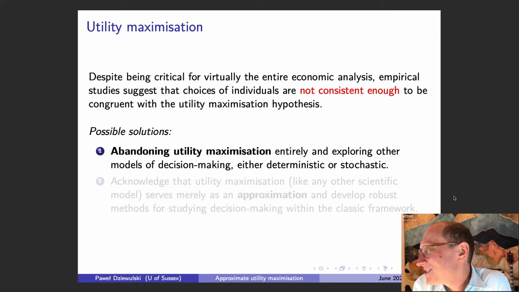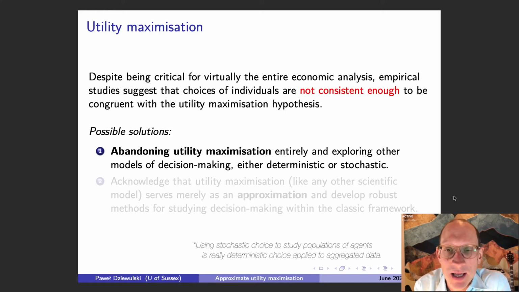On the other hand, there's a practical issue with stochastic choice, meaning that it requires a lot of data that is difficult to gather on an individual, even in experimental settings. Right. So there are these two issues which are difficult to tackle.